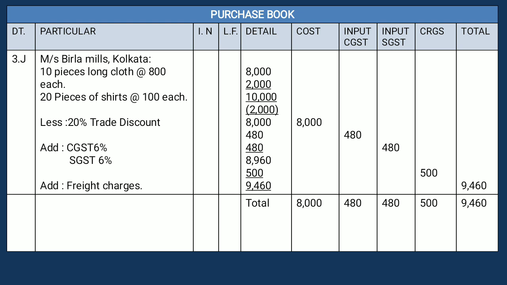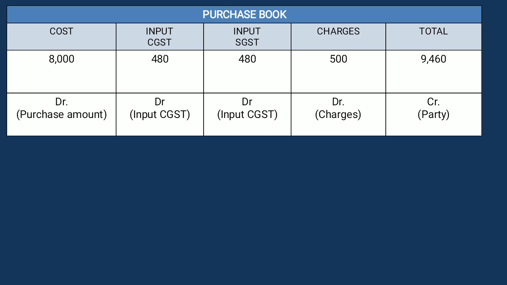So in this way we can prepare our purchase book. In the same way we can prepare our sales book. Okay, here we can see what journal entries we have to pass. Purchase, we have to debit the purchase account by the cost value only, 8,000.